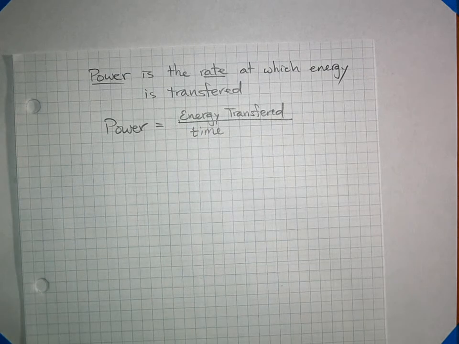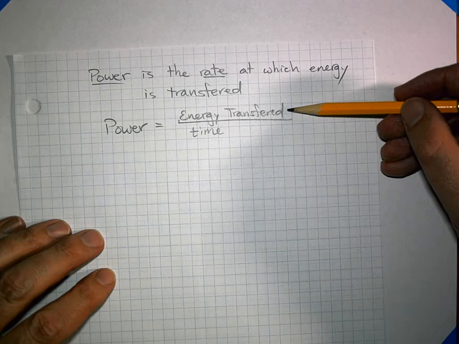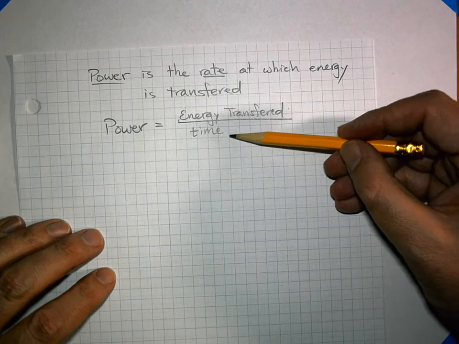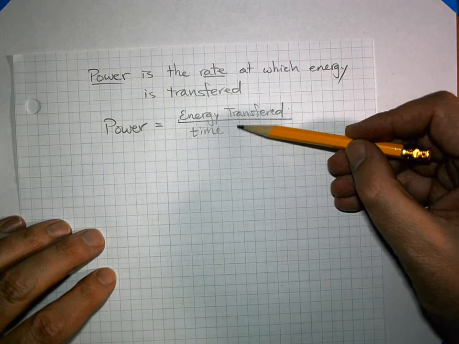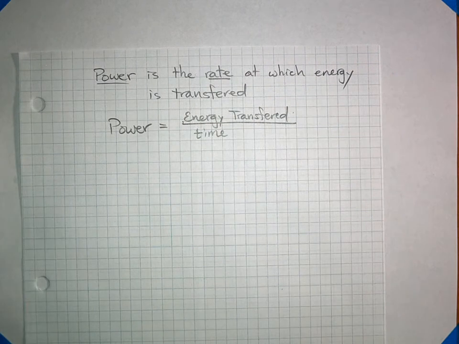So if you do work by, let's say, picking up your backpack off the floor, but you do it very slowly, you're going to transfer energy into the backpack. You're giving it gravitational potential energy, right? But it's taking a lot of time to do that. So your denominator here is going to be really big, and the power is going to be pretty small.